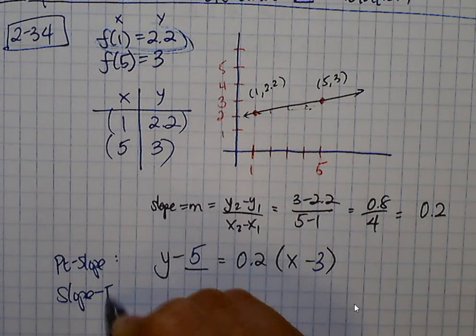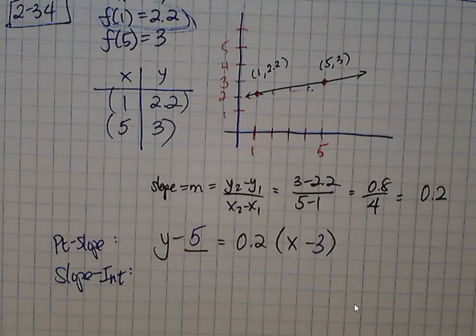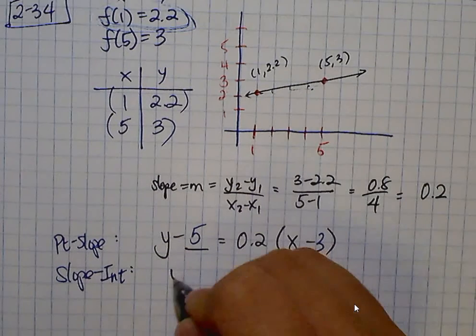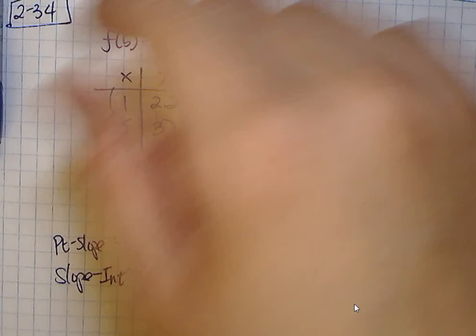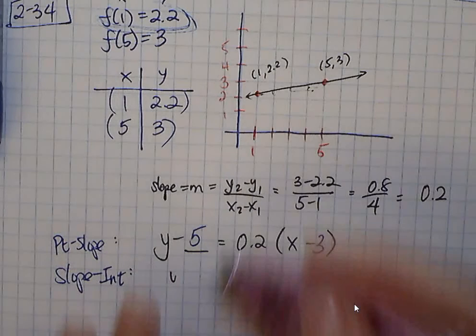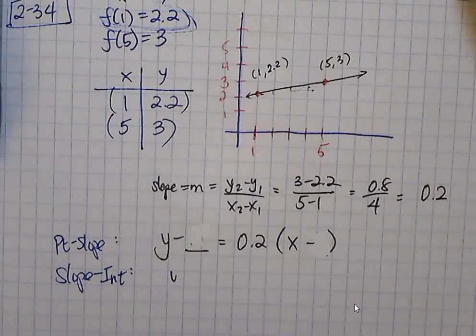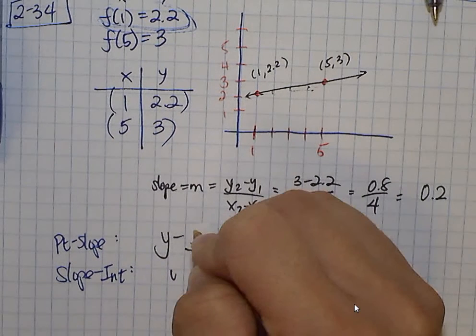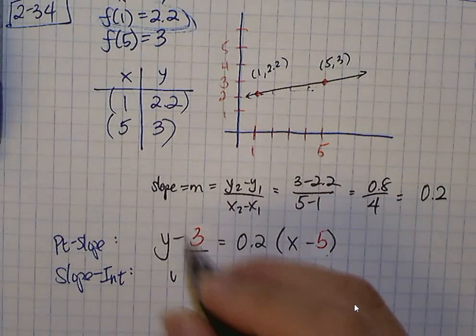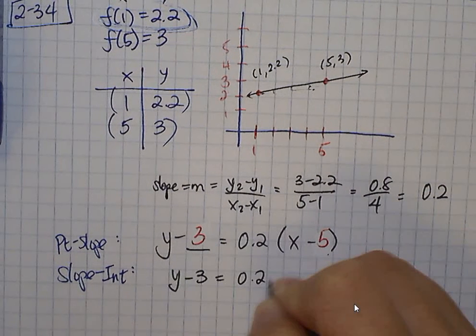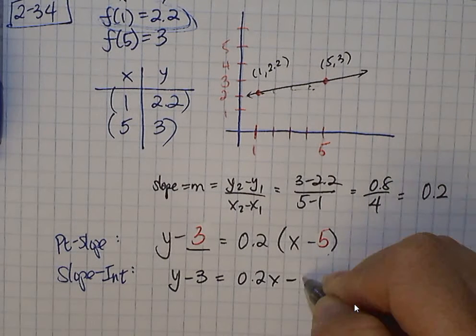How do I get it from point slope to slope intercept? Distribute. What's 5 times 0.2?